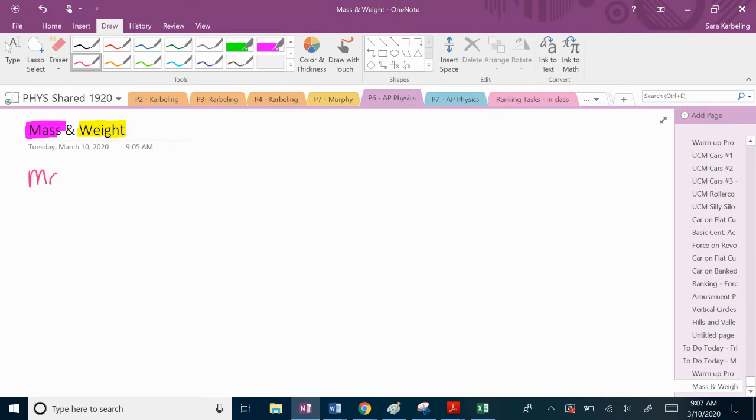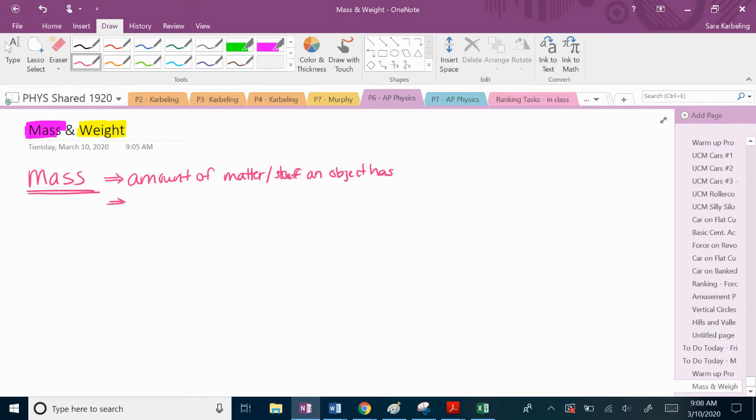And we've defined mass a few times throughout the year. I think some of the definitions that we've come up with in the past include things like the amount of matter, or the amount of stuff an object has. Okay.